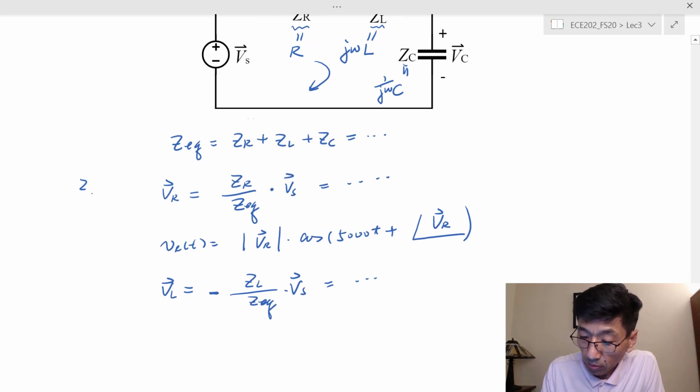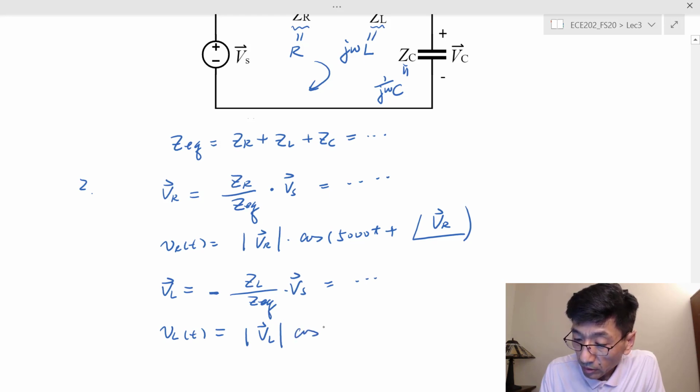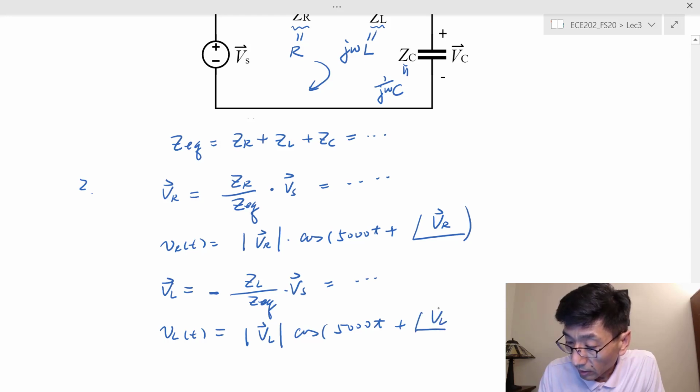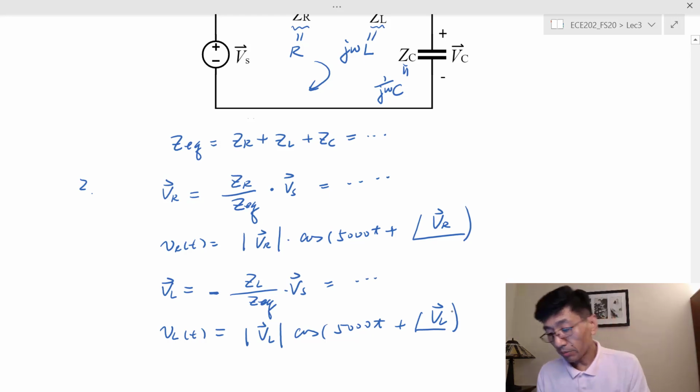Therefore, V sub L of t is equal to the magnitude of V sub L times the cosine of 5000 t plus its angle. You substitute all the numbers. We have all the numbers calculated in the Google Colab notes. The reason I didn't bring it up is because my tablet is going to freeze up.